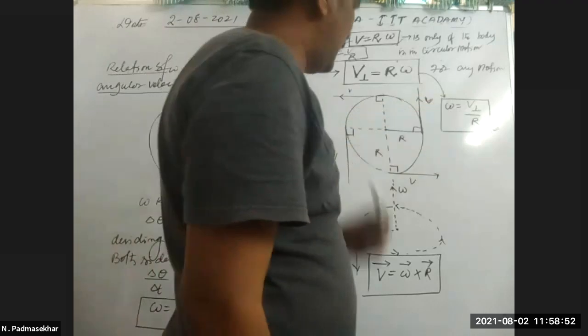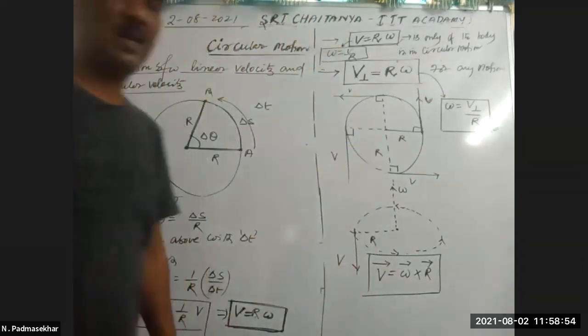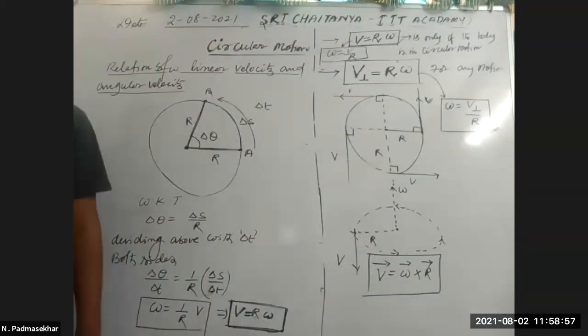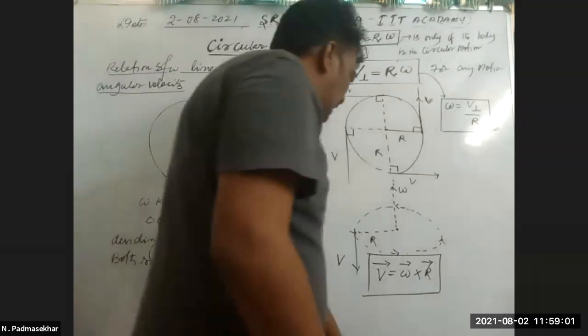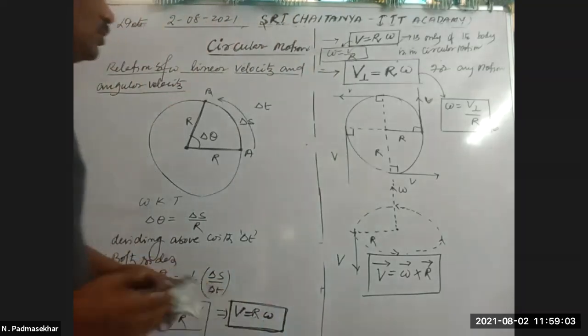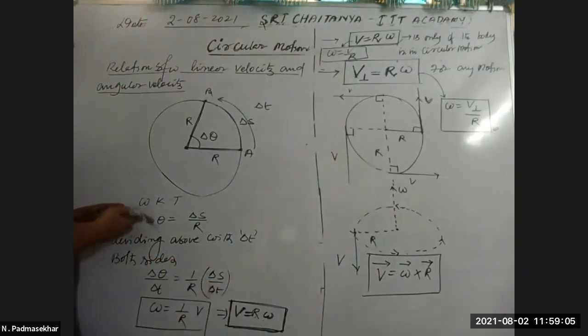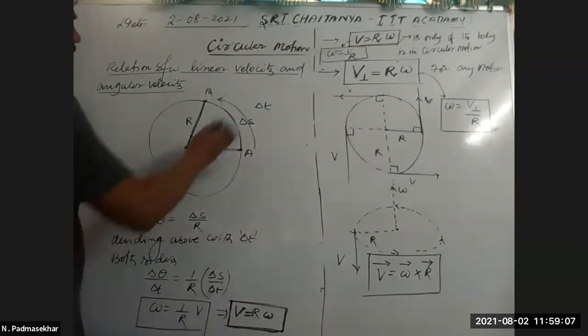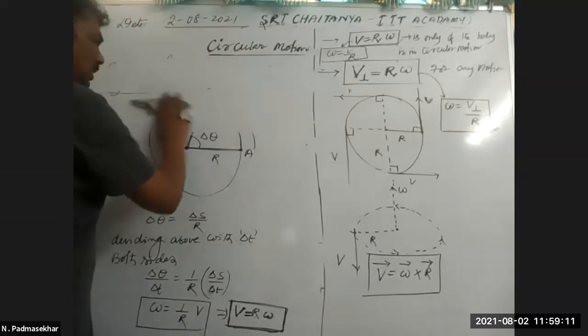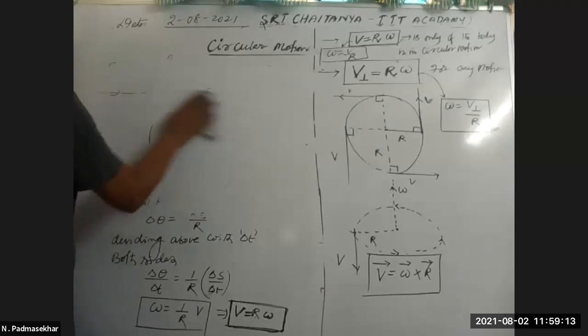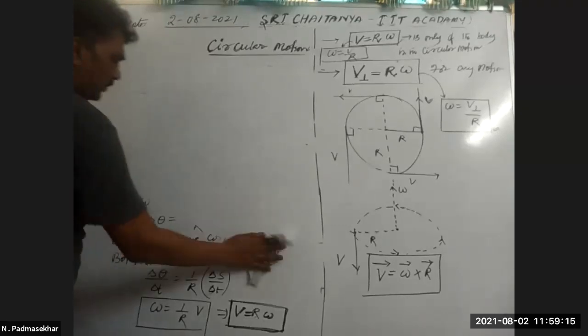Omega is equal to V perpendicular by R. So V bar is equal to omega bar cross R bar. Mari, what is that other motions? Other motion ante enti? Other motion ki omega is equal to V perpendicular by R. Let's take an example. I'm going with the example for other motions.